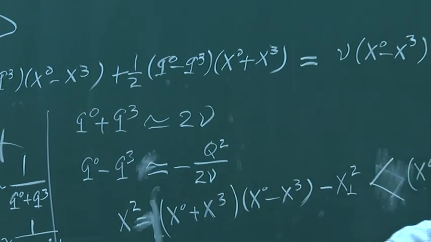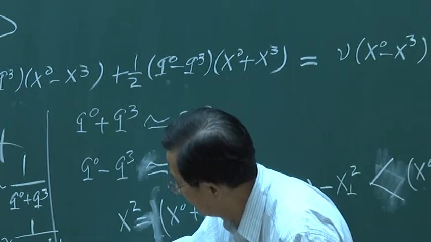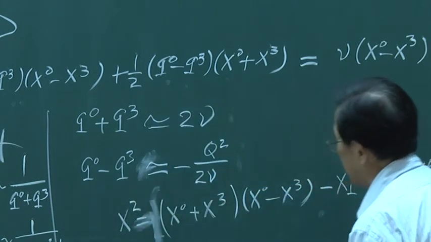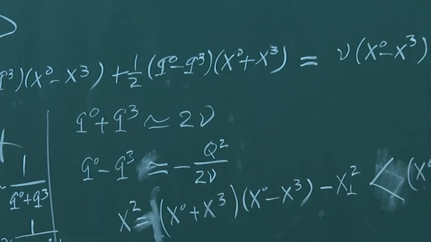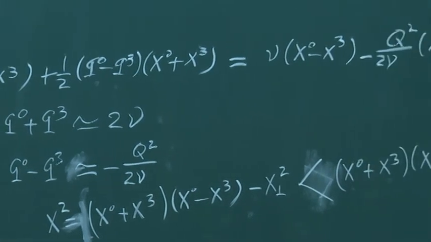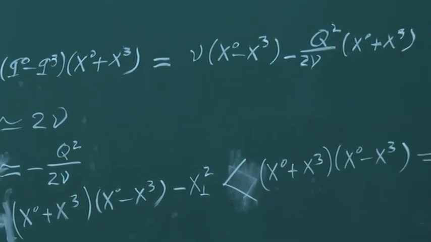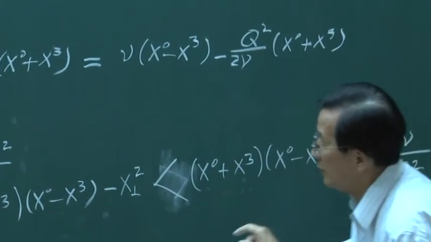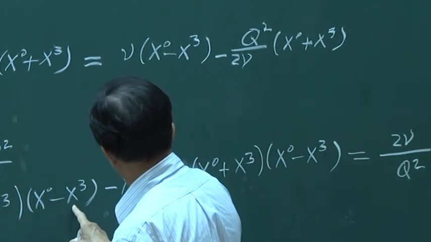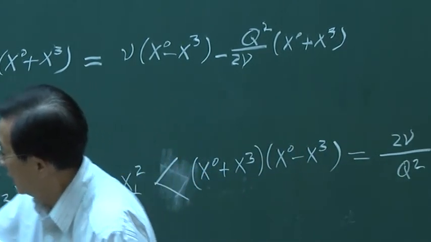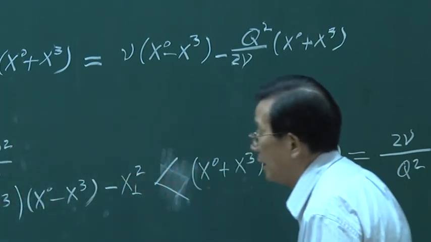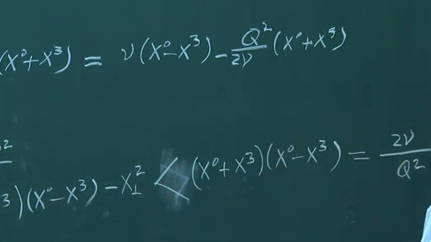So, x0 plus x3 is equal to this, and Q0 minus Q3 is equal to that. So this will be equal to the inverse of that, so equal to 2 nu over Q squared, right? And then x0 minus x3 equals this, and that's 2 nu. Is that right? You guys say something?